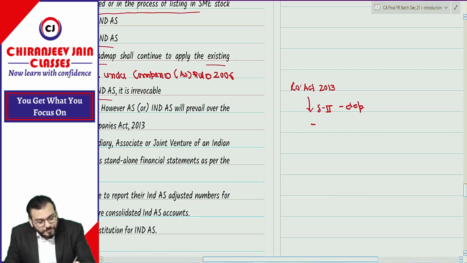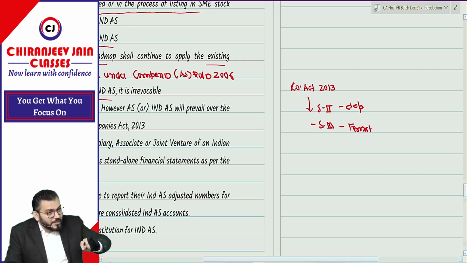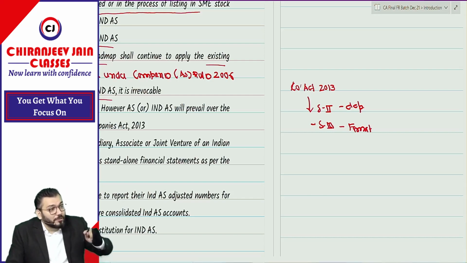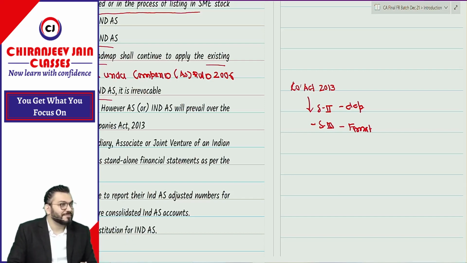And Schedule 3? Schedule 3 you know. That is for what? That is for format. Correct? Now, as per Schedule 3 of Companies Act 2013, Schedule 3 can be modified as per the requirement of AS or Ind AS.